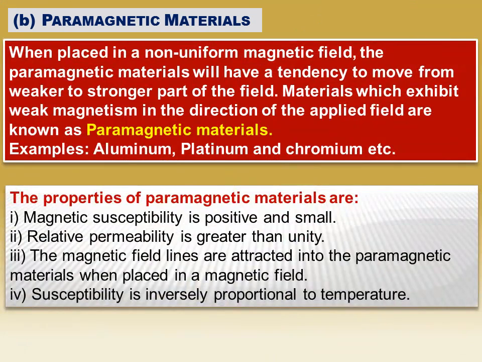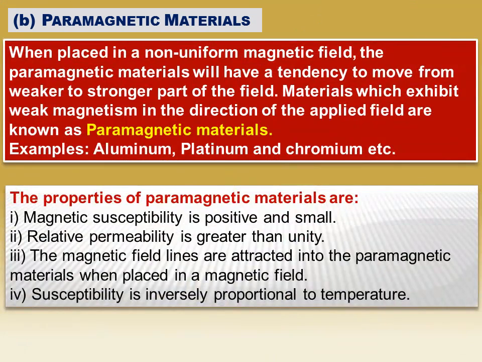The properties of paramagnetic materials. There are slight differences between diamagnetic and paramagnetic materials in these properties. First, the magnetic susceptibility is positive and small. Relative permeability is greater than unity.